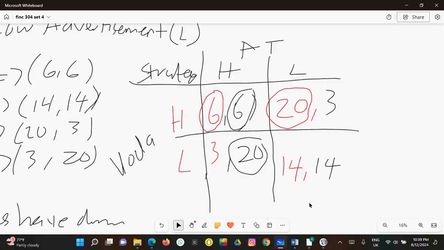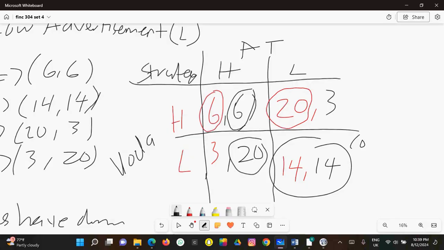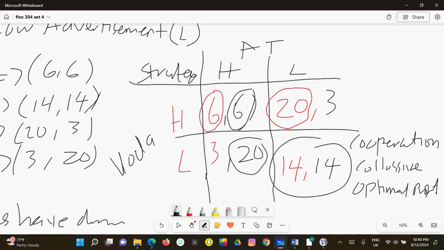So here becomes the cooperation profit, or the collusive profit, or the optimal profit. Sometimes it's called cooperative profit, sometimes collusive profit, sometimes optimal profit.